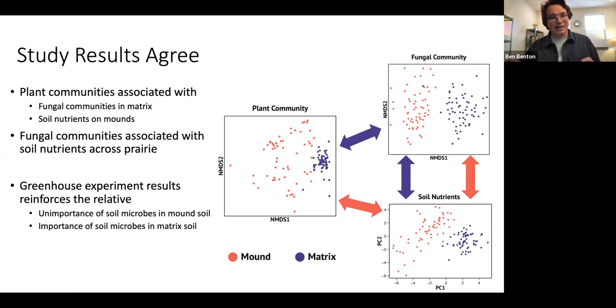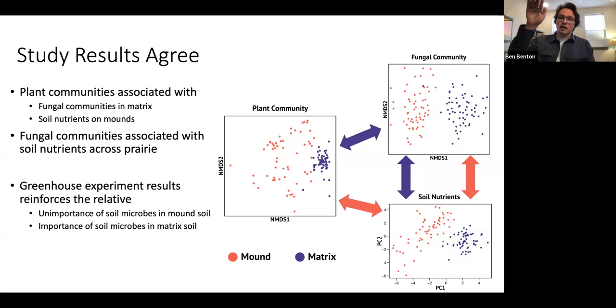So what's really interesting about that is it seems like our field study and our greenhouse study are telling different parts of the same story. If you think back to the results of the field study, we saw that plant communities at Cherokee Prairie were associated with fungal communities in the matrix and soil nutrients in the mound.